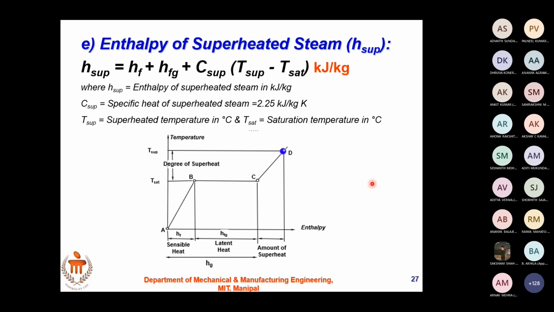If I am conducting this experiment at 1 atmospheric pressure, the saturation temperature is 100 degrees Celsius. Even if I have 101 degrees Celsius, it is superheated only. The steam is superheated by 1 degree Celsius. Got it? Yes, ma'am. Have you noted it down?